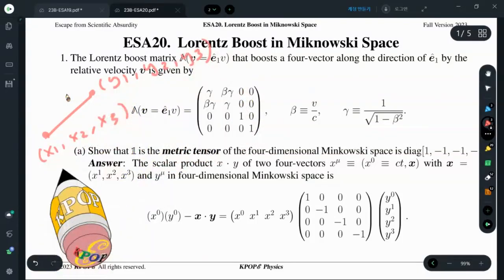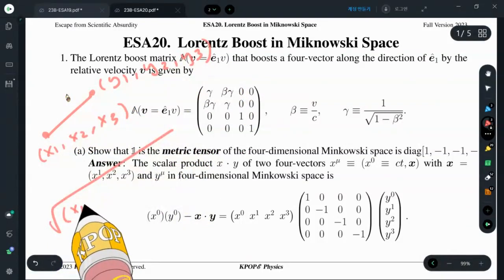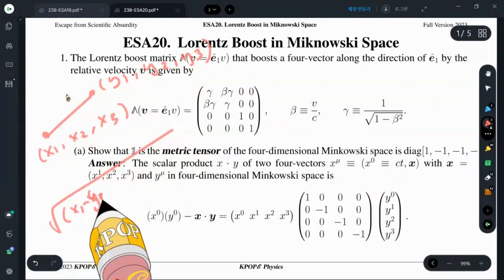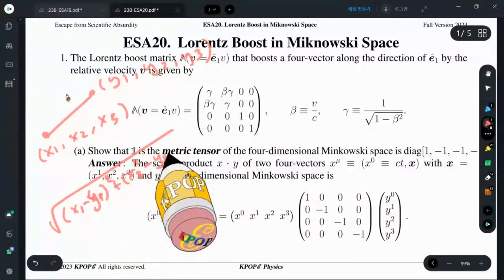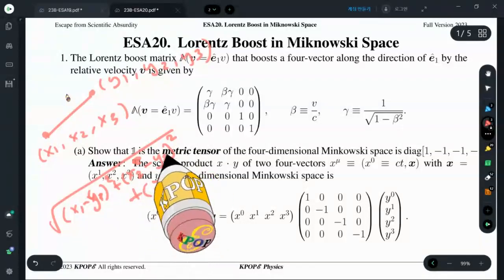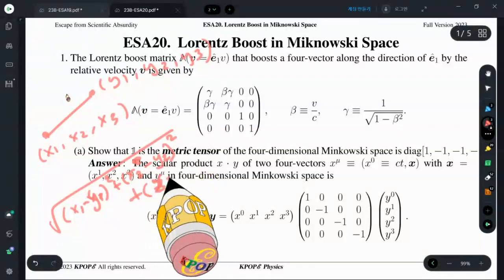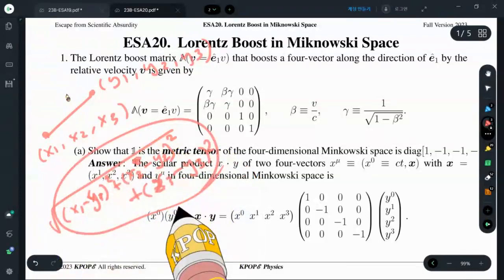What is the distance between the 2 points? High school students may know. X3, y3 squared. That's fine.